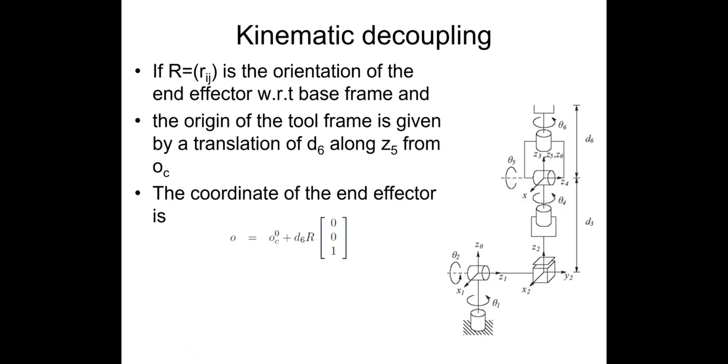So assume that R is the orientation of the end effector with respect to the base frame. That is R60, and this is a real number, which is the desired value we want. Desired orientation, real numbers.